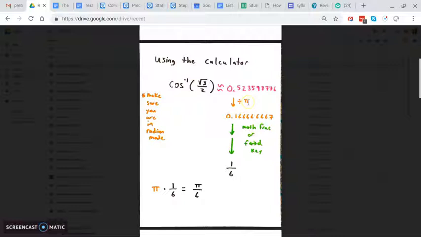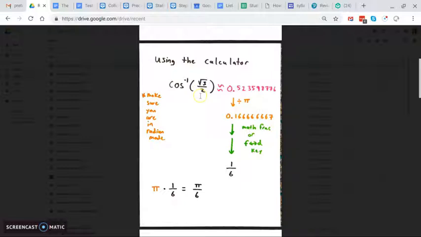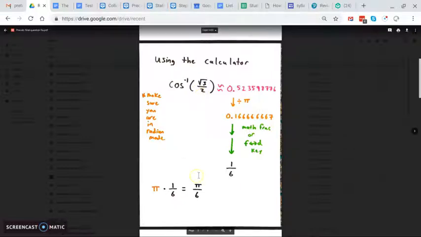So if I divide pi out, I get this other decimal, which is going to turn into a fraction. A lot of calculators have either a math frac or an F to D button on it that will convert this decimal to its fraction. So the inverse of square root of 3 over 2 is really 1/6 pi.